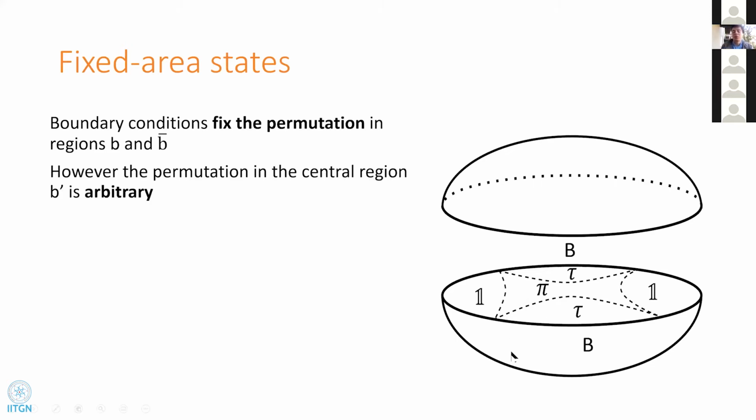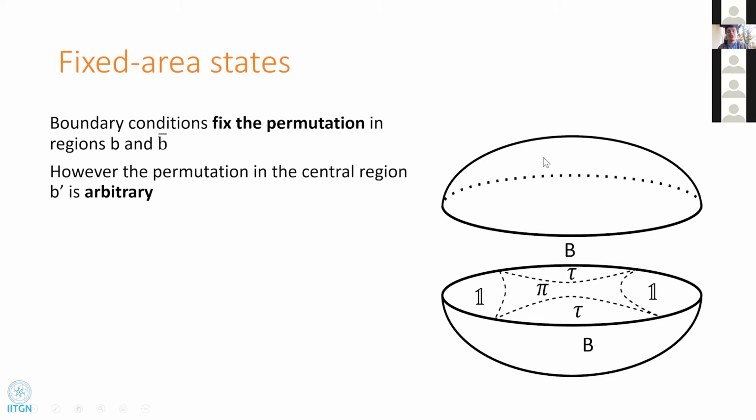But if I go up through the central region between the two surfaces, then I'm not constrained by the boundary conditions. The boundary conditions don't constrain how the different sheets get glued together. In fact, I can have some arbitrary permutation pi that permutes the different sheets. So if I start on sheet 1, I could end up on sheet 4.